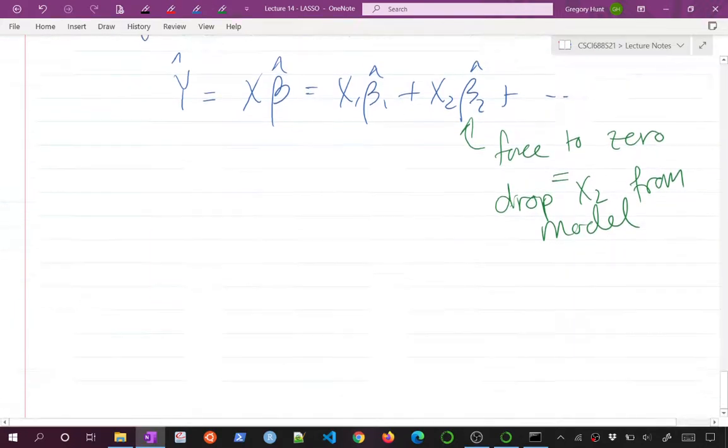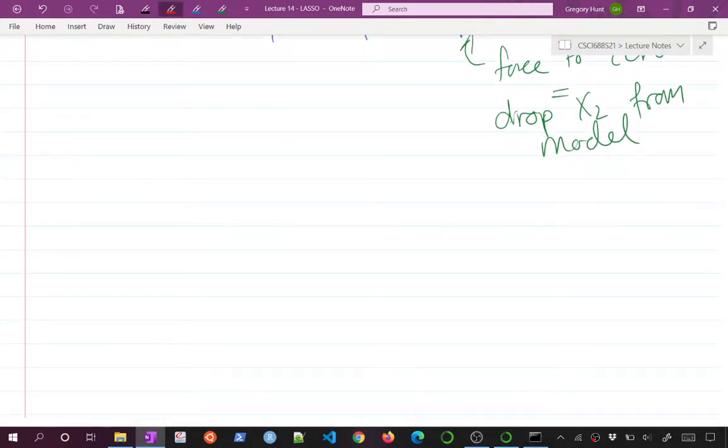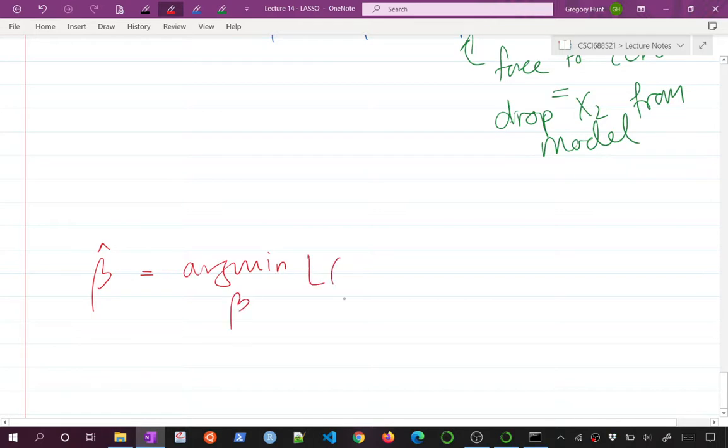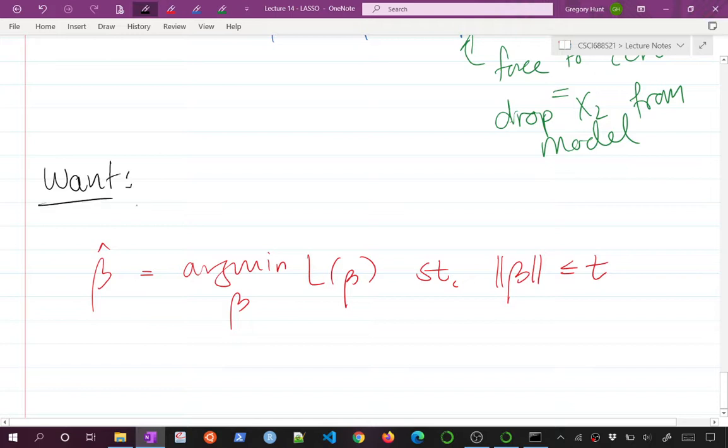So before I say what lasso does, when we looked at beta hat ridge, one way we interpreted it is that I was minimizing my squared loss subject to a constraint that the norm of beta is less than or equal to some threshold t. What we want to do is maybe put a 0 norm on that.